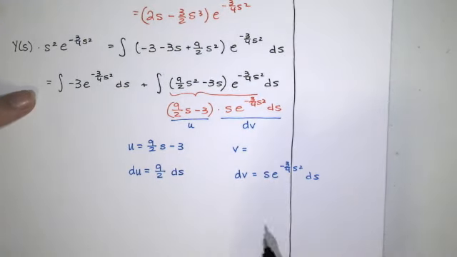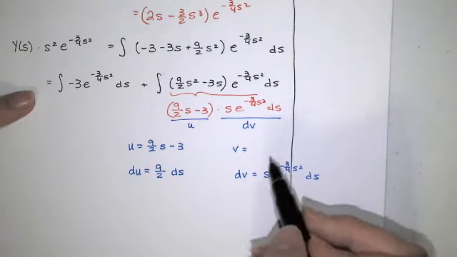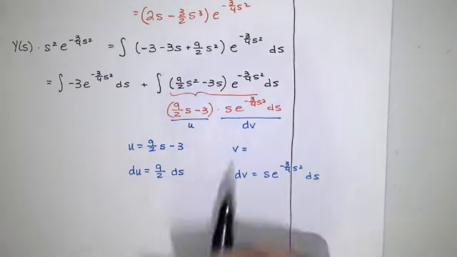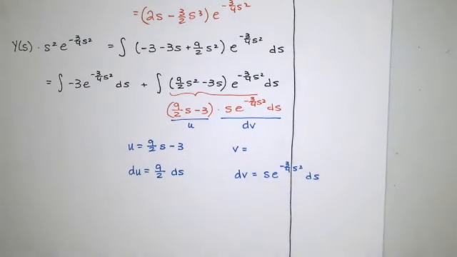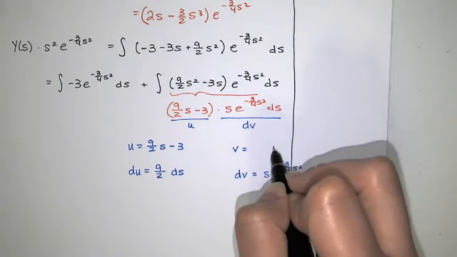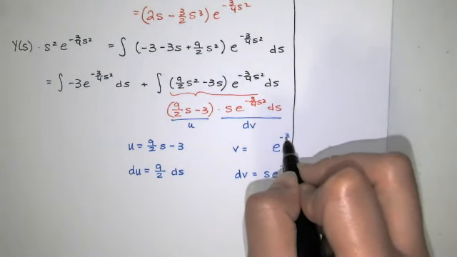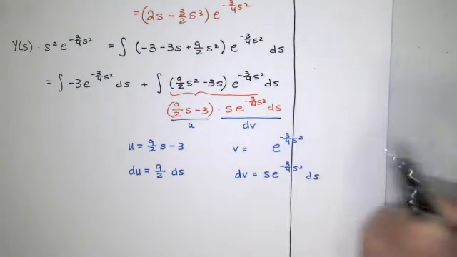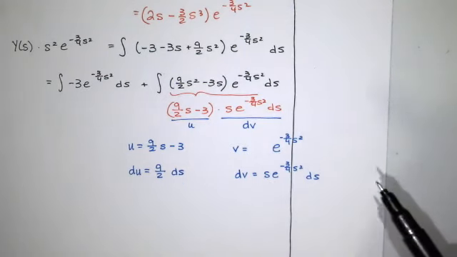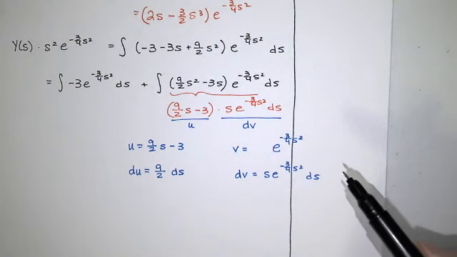Now the antiderivative of this, we could use u substitution if we wanted to. We could let w equal this and then adjust the constants. But I would rather just think through what this would have to be. I know that the derivative of e to the -3/4 s squared is going to be a constant times s times e to the -3/4 times s squared by the chain rule.